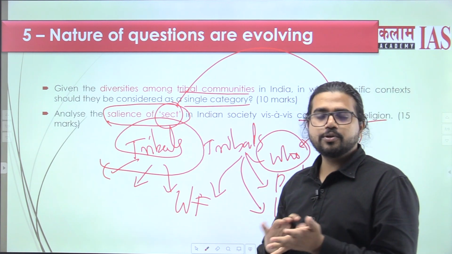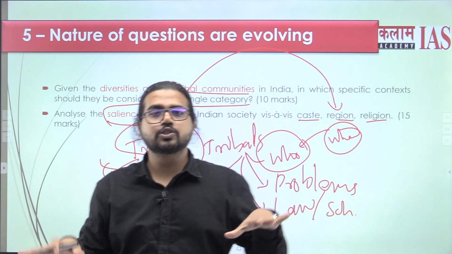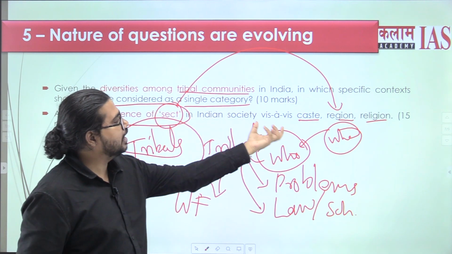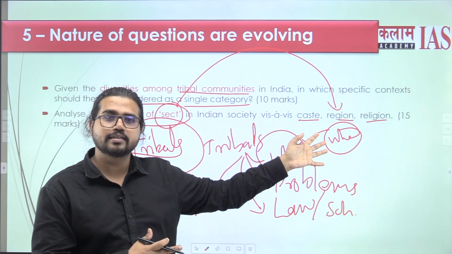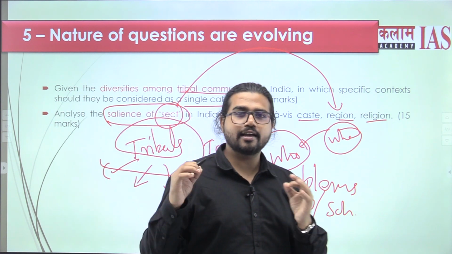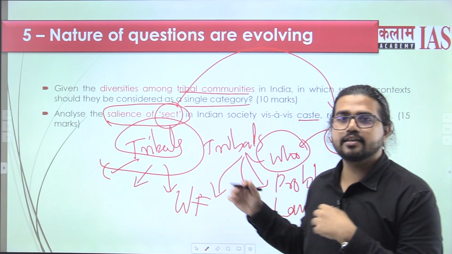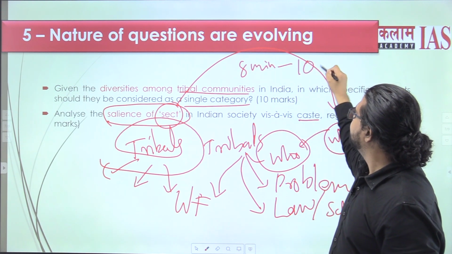You don't need to do any extra reading. You already have an existing knowledge base on tribals or sect or caste, on religion, on region, everything. What skill you really need to tackle this kind of question is a very clear, crisp understanding of how to use this knowledge within 8 or say 10 minutes.